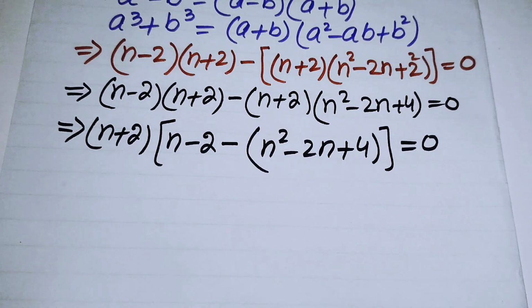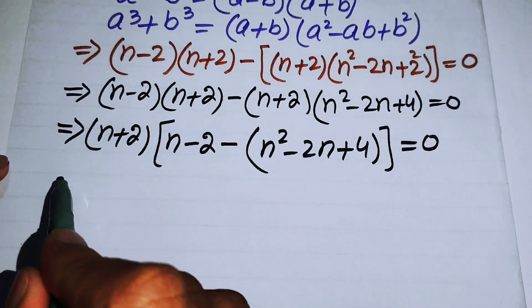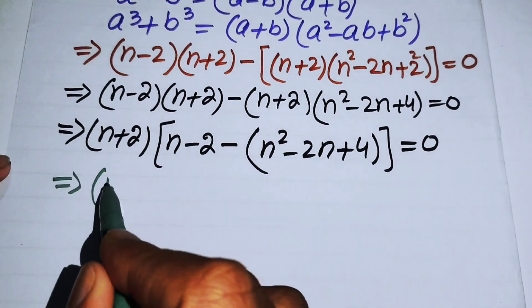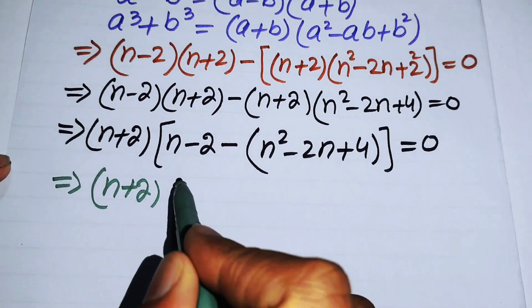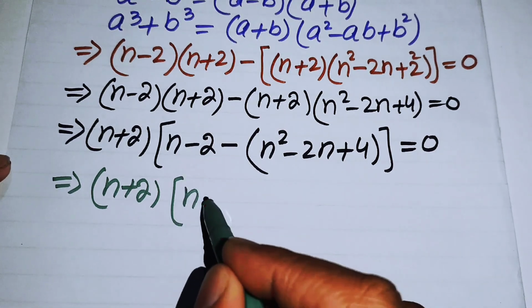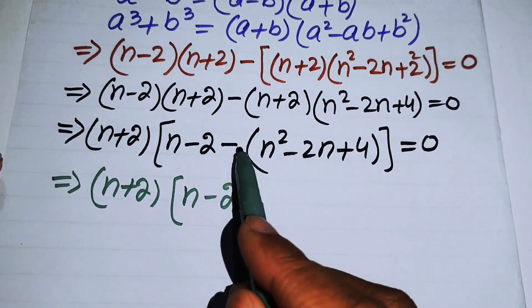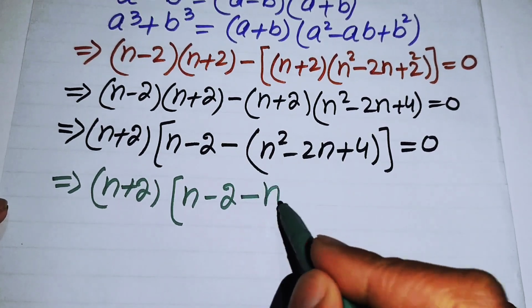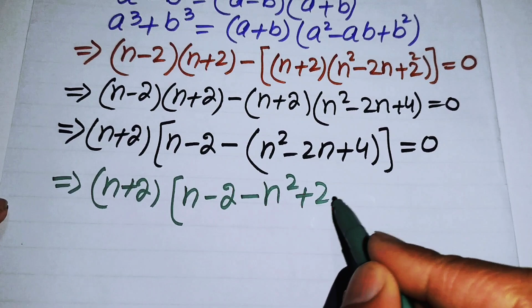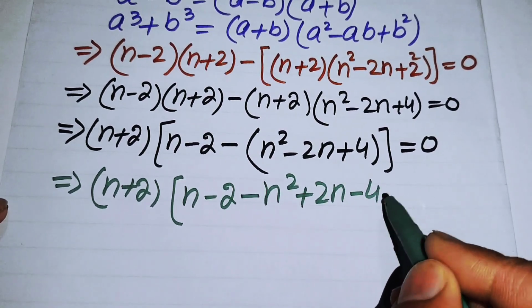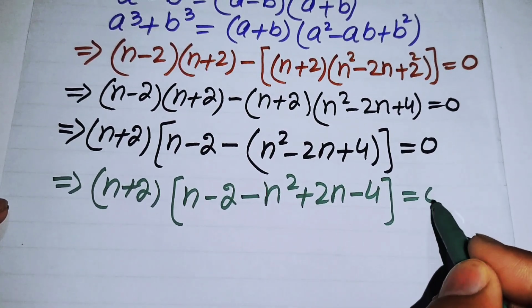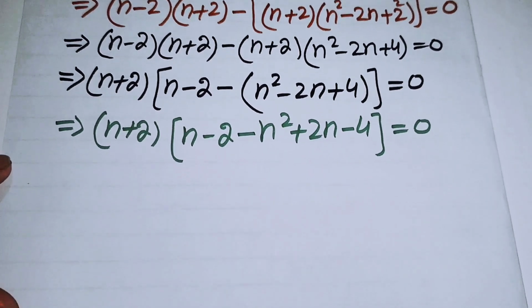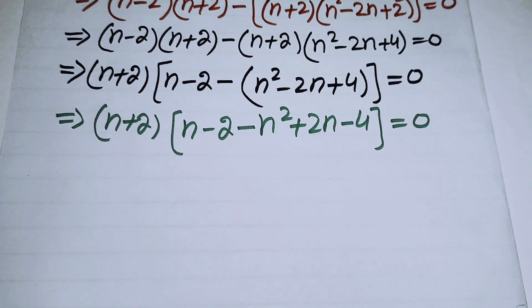Now we need a little bit of simplification. We add or subtract the like terms. Here you get n minus 2 and we multiply this minus sign on each of the terms and you get minus n squared plus 2n minus 4 equals 0. So here we have two cases.